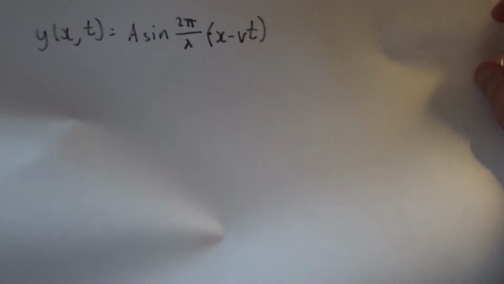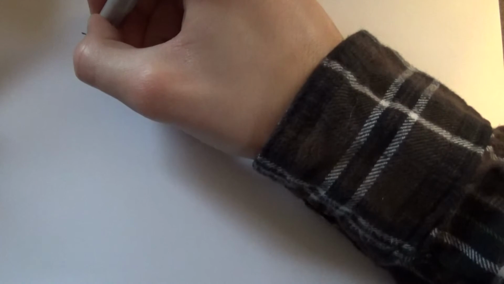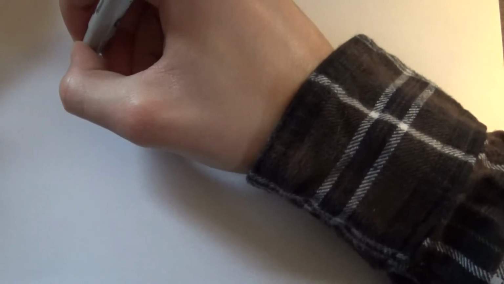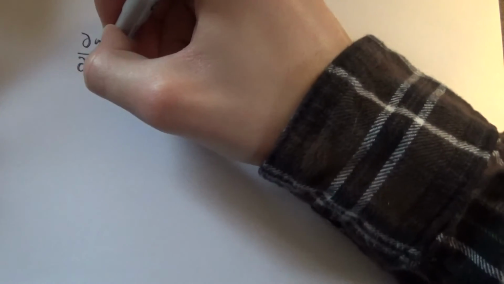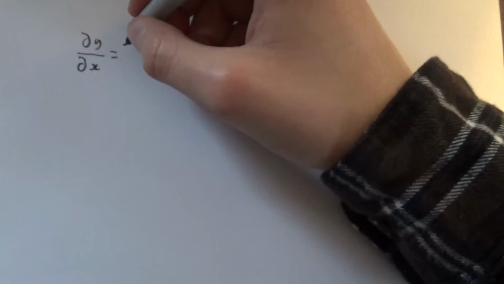Okay, so we know that y is a sine theta 2 pi over lambda x minus vt. And if we take the derivative of that, the derivative of y with respect to x is, well, what are the coefficients on x?